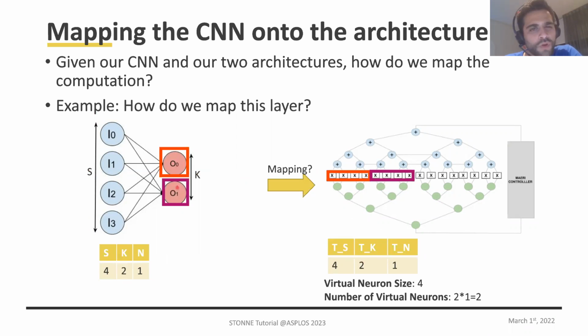We are mapping the 2 outputs at the same time in different clusters, right? So every cluster will perform one output at the same time, right? So our virtual neuron size will be 4, or TS. And our number of virtual neurons will be 2, because we have 2 outputs at the same time.